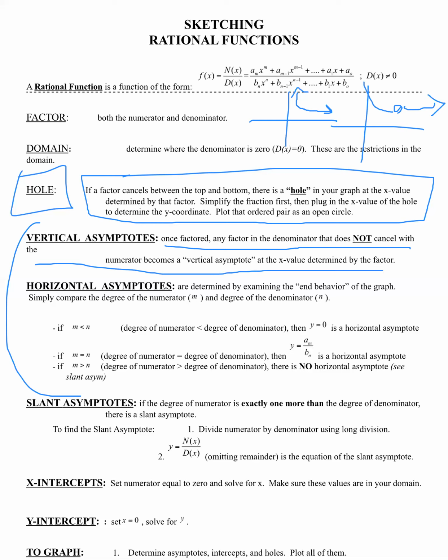Okay, so again, we'll go through this. That's basically saying, if I had, for example, x plus 3 in my denominator, I can't ever let x be -3. So I'm going to have a vertical asymptote at -3. Because if I plug in -3, it's going to break. Okay, so we'll go over that in more detail. And then horizontal asymptotes.